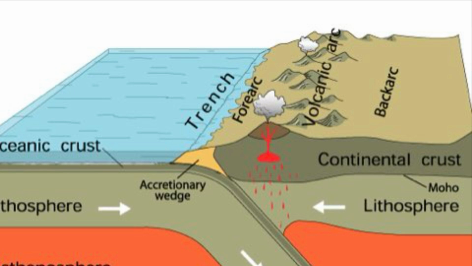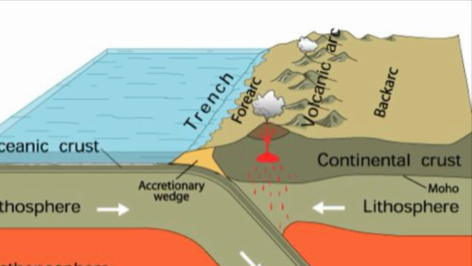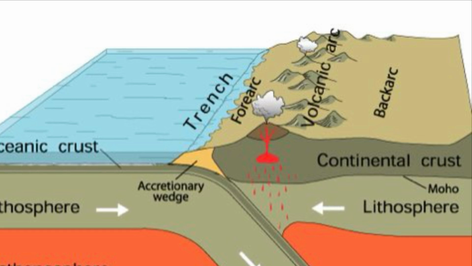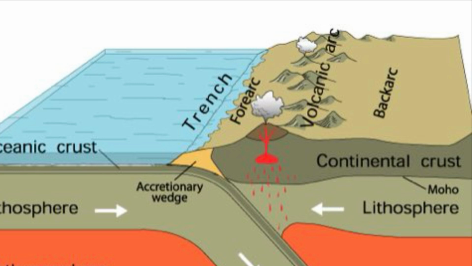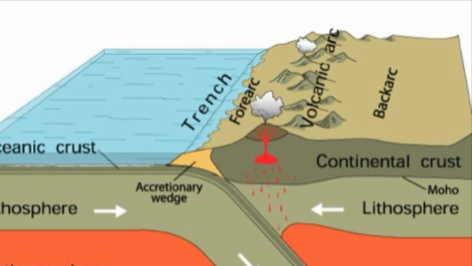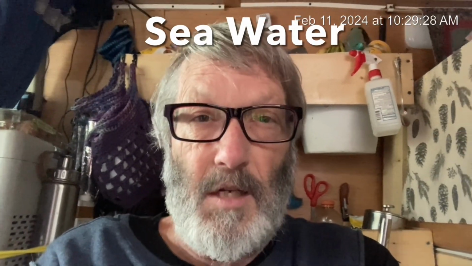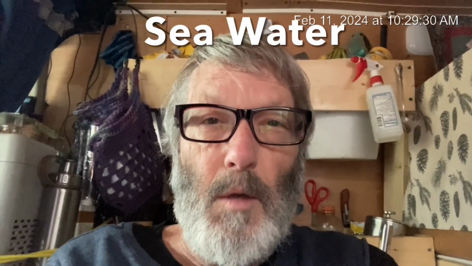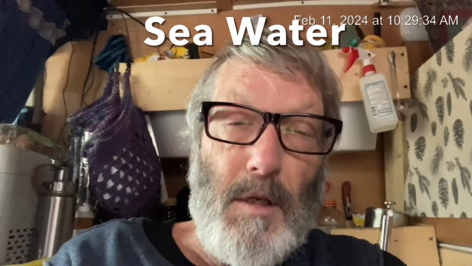So once again, you get a mix of mafic, intermediate, and felsic magmas and lavas. And in this case, the probability is high that you're going to get a preponderance of intermediate to felsic magma and lava. So why in this case of subduction do you get a preponderance of felsic and intermediate magmas and lavas?